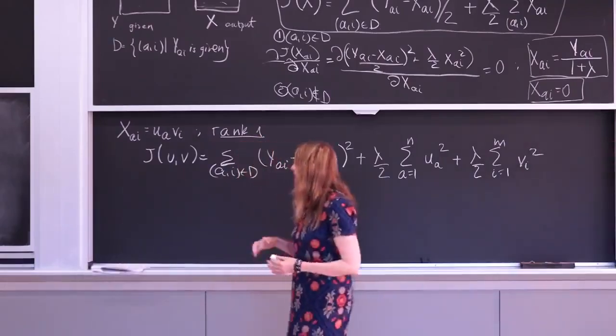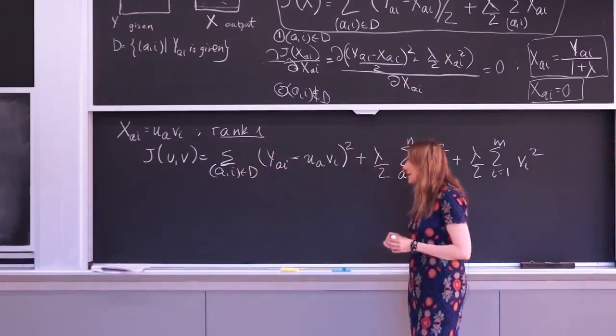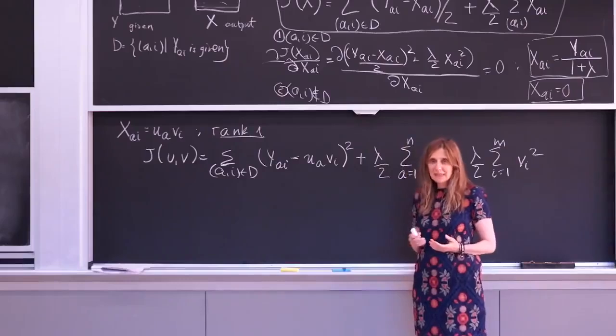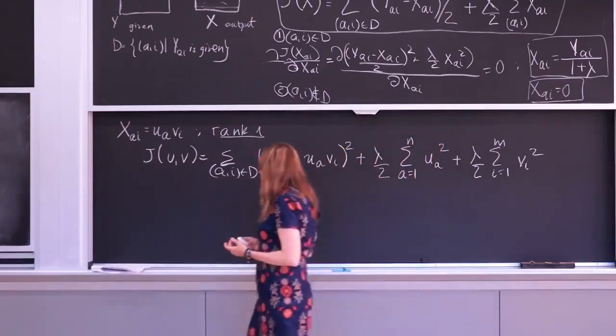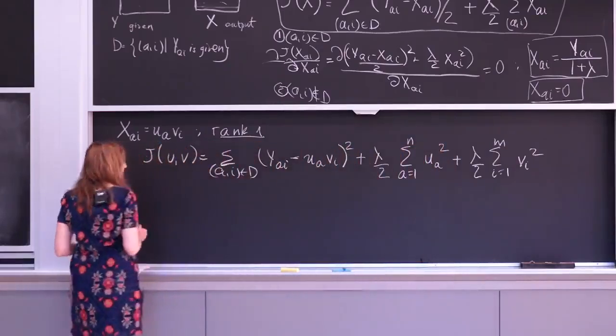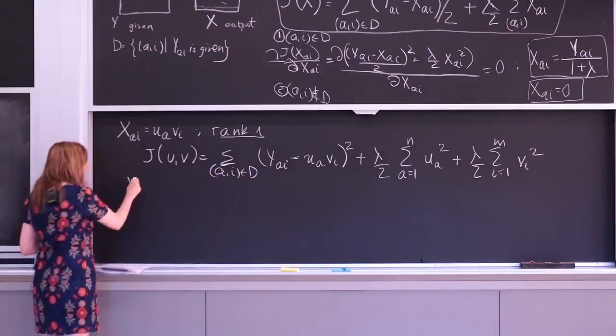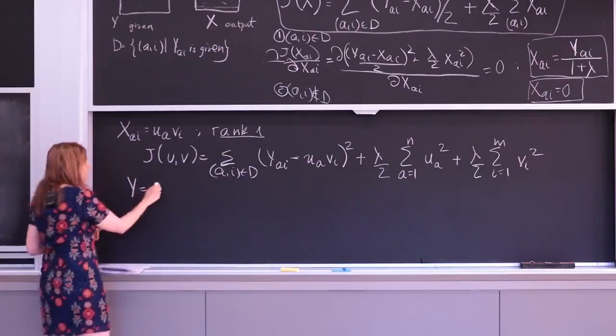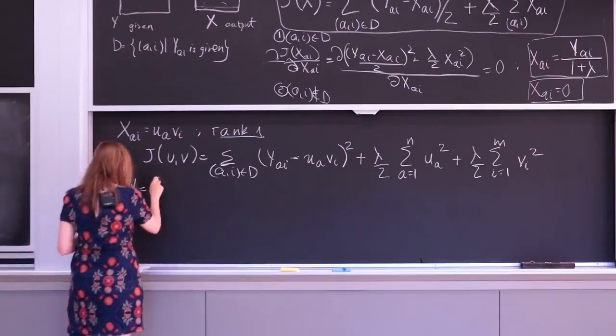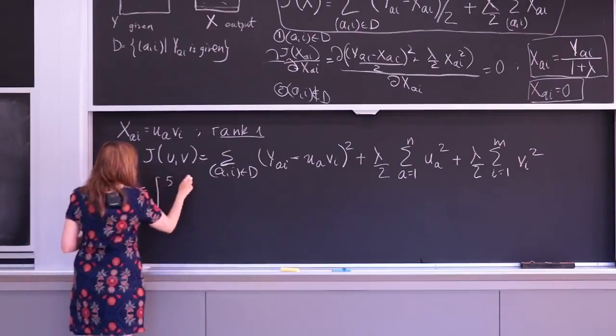In order to see how this algorithm actually works, we will start with a very simple example. Assume that I have a case of 2 users and 3 movies, and my original matrix Y has the following ratings.